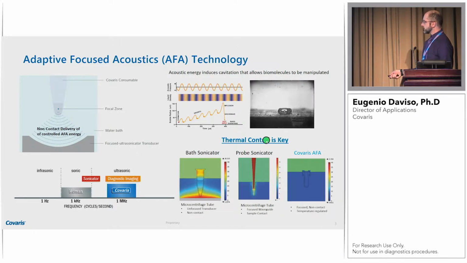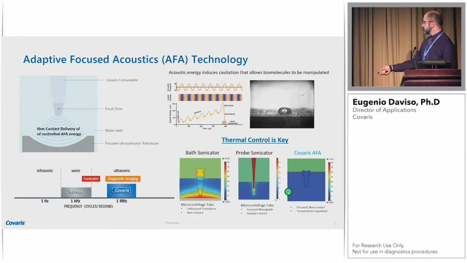This is what happens when you use a probe sonicator, which is almost like sticking a very hot rod inside your sample and generating a lot of heat. You do have cavitation, but it's very difficult to keep control of your temperature under these circumstances. That becomes a very important component when you think about sample extraction.